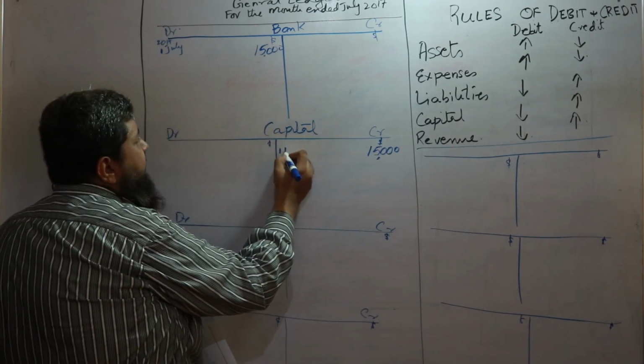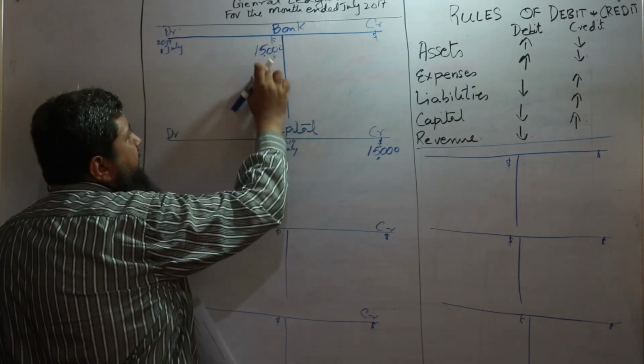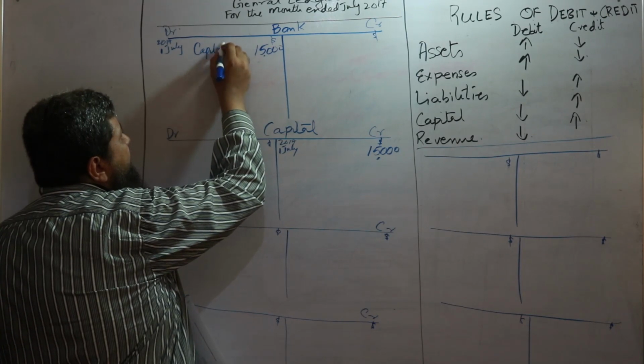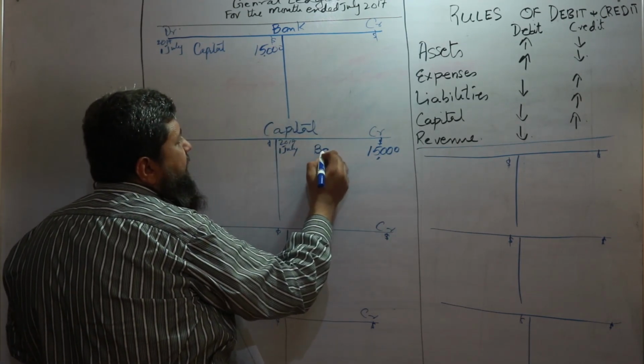Once we are done with this, we will put narrations. We debited bank against capital, so we will write capital here, and we credited capital against bank, so we will write bank here.